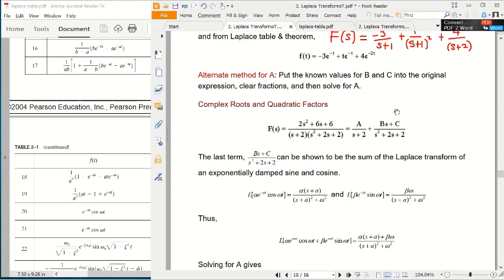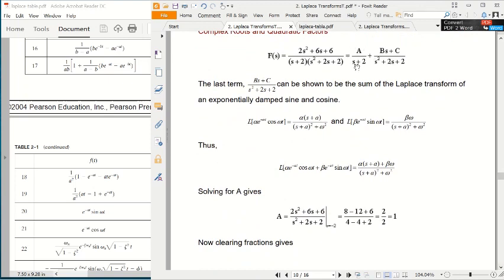And you can prove mathematically that this will always end up with the cos and sine in this form: exponential with alpha scaling multiplied by cos, and beta scaling multiplied by exponential, multiplied by sine omega t. So we're looking for something like this in Laplace transform.